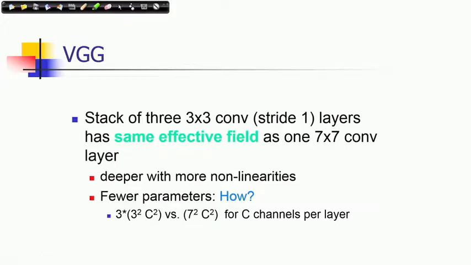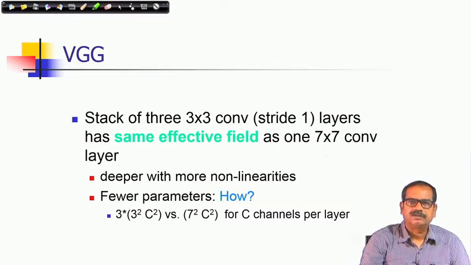For this case, you have 3 into 3 square C squared parameters, if you assume C channels per layer, C is a constant. Whereas for a 7 cross 7 filter, it is 7 square C square. So, that number is large compared to 3 into 3 square, which is 27.